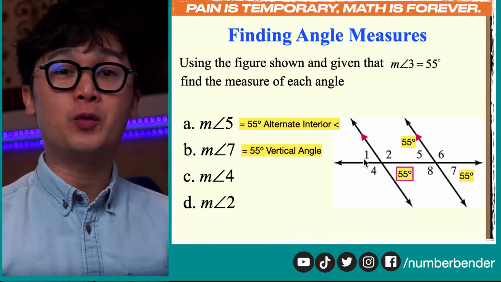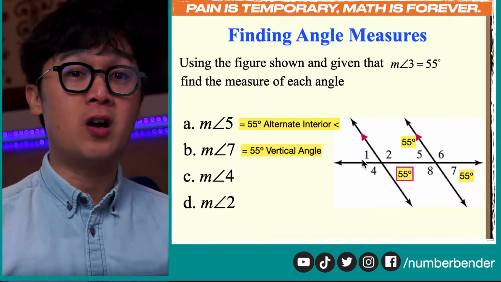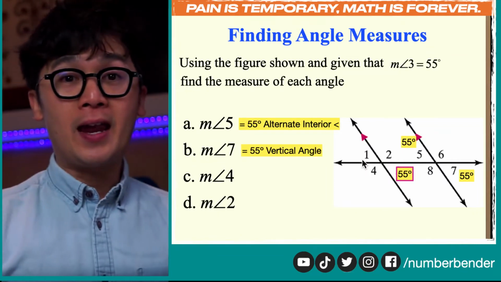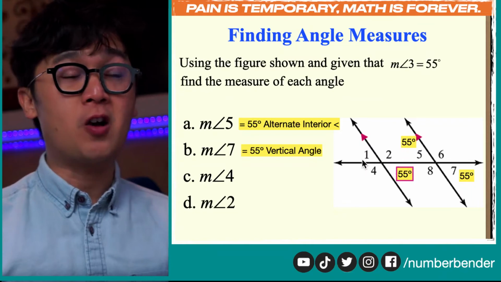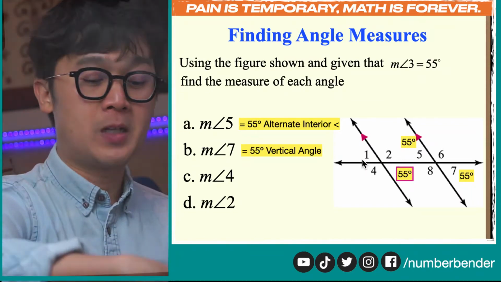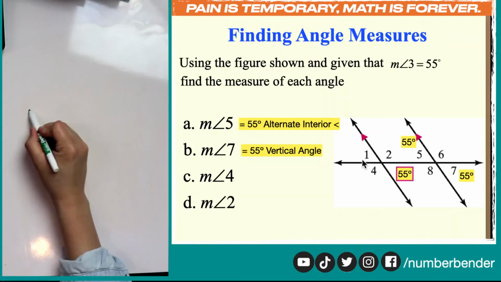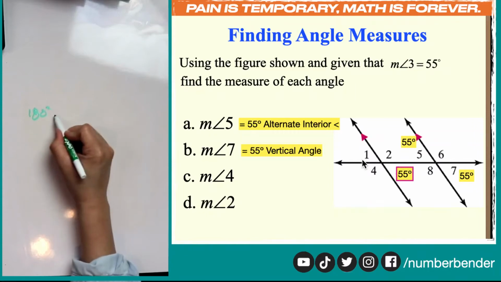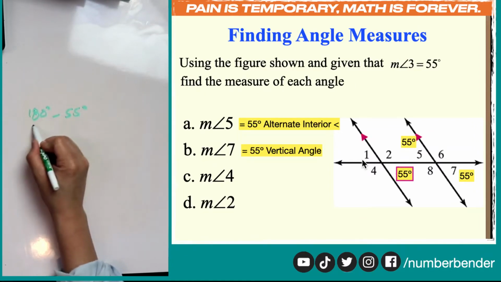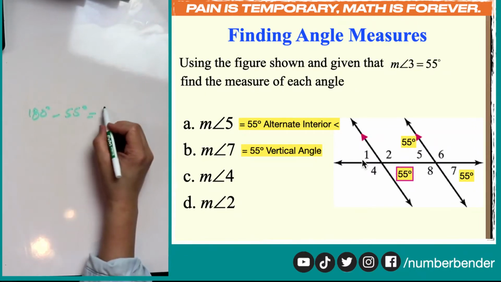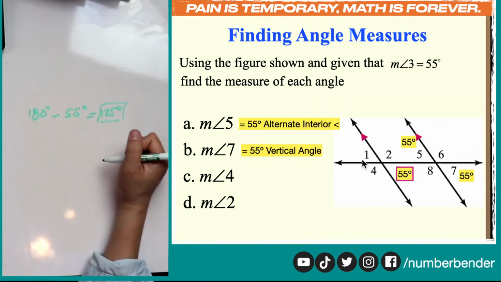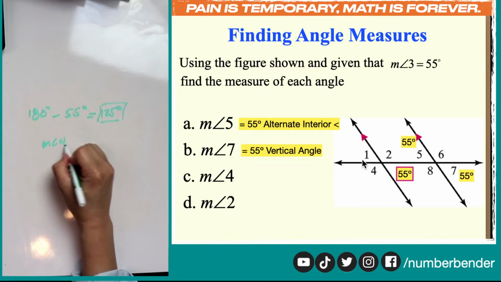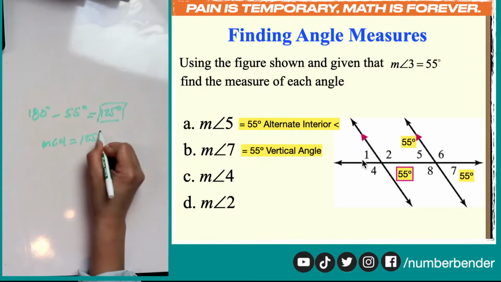A straight line is equal to 180 degrees, and supplementary angles equal 180 degrees. So we subtract 55 degrees from 180, and the difference is 125 degrees. So the measure of angle 4 is equal to 125 degrees.